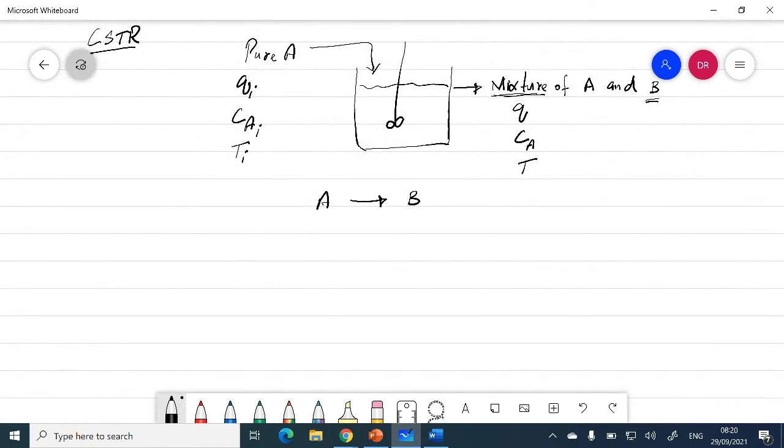Okay, so as a first step, we know that we have to write the objective.